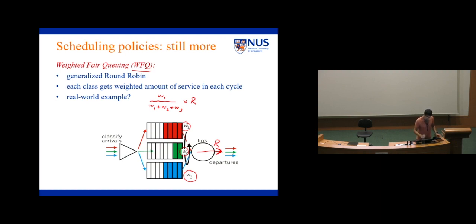Well, if we generalize this, what is the rate or throughput for the ith class? That would be, let's say Ri. Ri would be Wi over, all right, I'm going to write it a little higher.